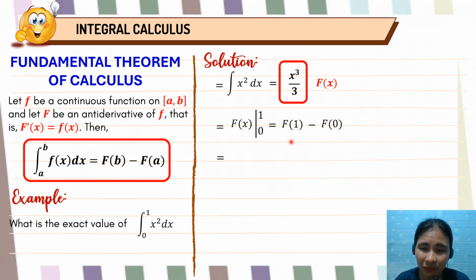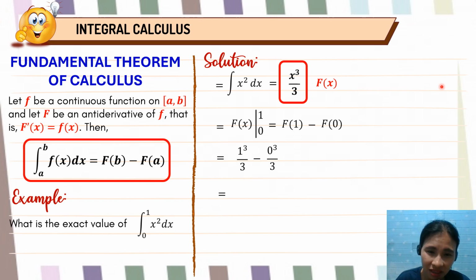Now, why F of 1 minus F of 0? The value of our b from the original expression is 1 and the value of our a is 0. So we substitute 1 and 0 into the antiderivative of x squared, which is x cubed over 3. If x is equal to 1, that is 1 cubed over 3, minus, if x is equal to 0, 0 cubed over 3.